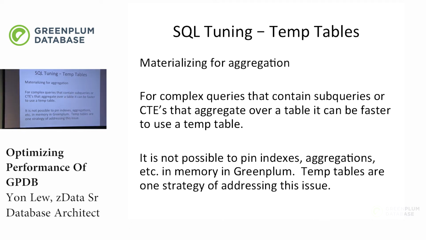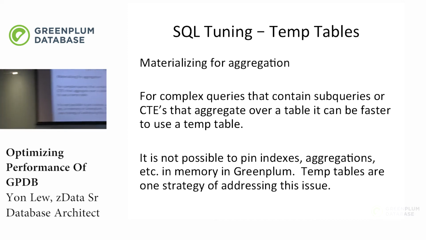All right, so the next one was materializing for aggregation. If you have a complex query that contains subqueries that aggregate over a table, it can actually be faster to materialize that to a temp table and then use that in your query, depending on the query plan.